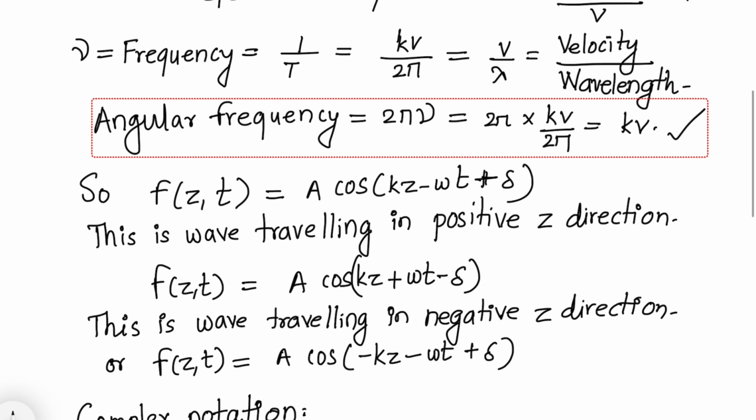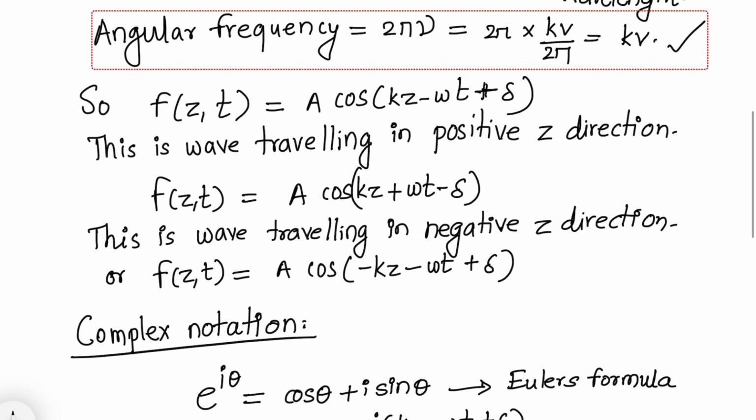So the wave equation can be written as f(z,t) = A cos(kz - ωt + δ). This is the wave traveling in the positive z direction with amplitude A and phase constant δ.